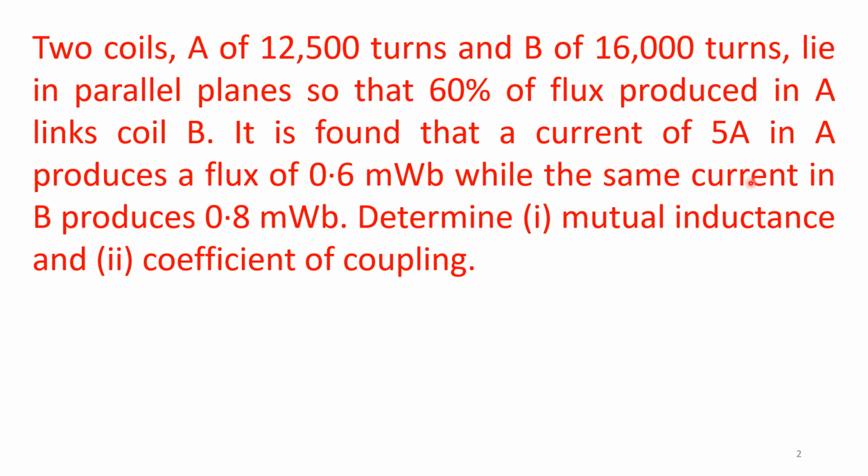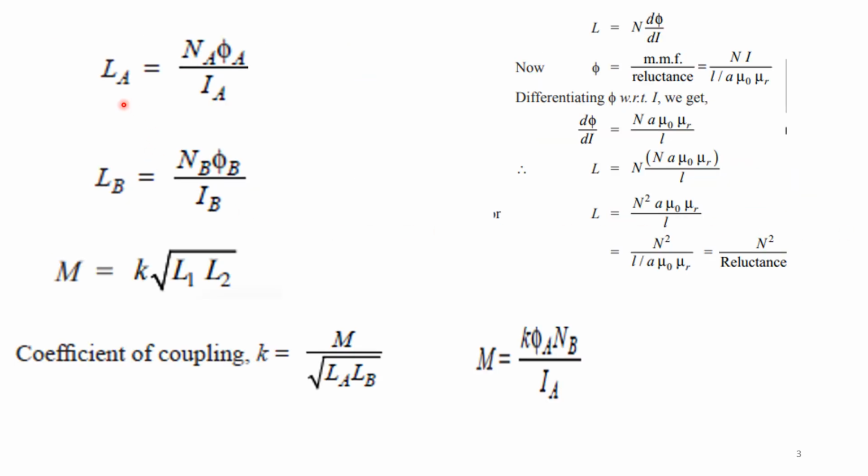So the formulas for finding self-inductance: LA as NA phi A divided by IA, number of turns times flux divided by current, and LB as NB phi B divided by IB, number of turns in coil B, flux produced, and current.